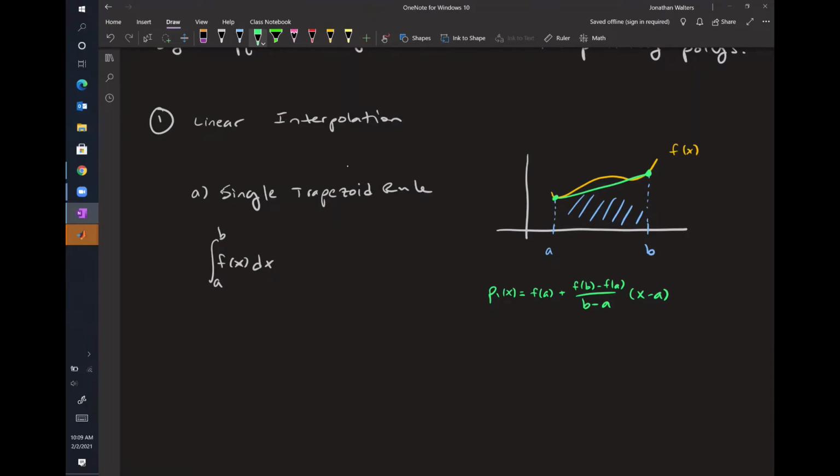Does that make sense? So now, instead of integrating our function f of x, I could just integrate this line from a to b and say that's approximately the value of my integral. Okay, so at this point, I can say that this integral is approximately the integral from a to b of P1 of x dx.